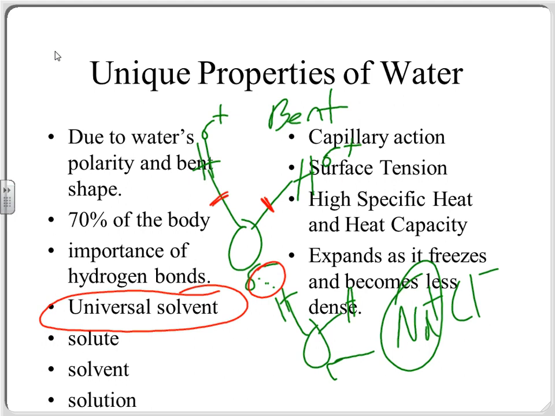If you want to be able to transport nutrients and oxygen and food and all those kinds of things, they better be able to dissolve in what? Water. Works the same for plants. Plants have to transport nutrients from the ground all the way through their bodies. Water does that for them. So it helps all organisms transport materials. Because if they won't dissolve in water, you probably can't transport them.